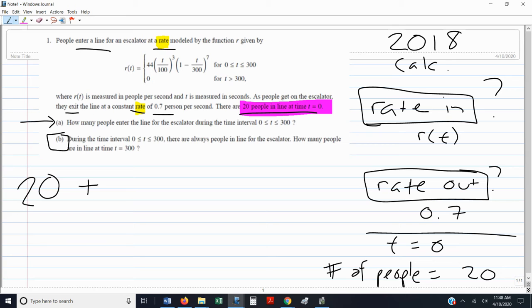The next question is, if you know the rate that people are getting in line, how are you going to actually find how many people are getting in line? How do you find how many actual people are getting in line? And the answer is to take the antiderivative.